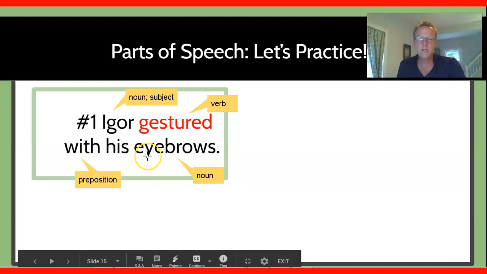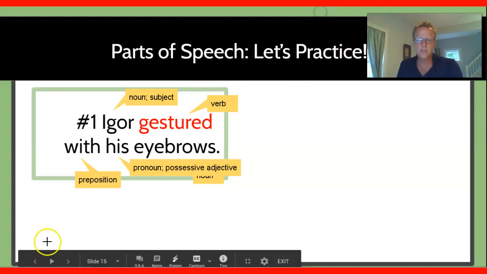And then his eyebrows. Woo, there we go again. That is a pronoun, right? Specifically, what kind of pronoun? It's a possessive adjective. There you have it. We just figured out all the words in that sentence.